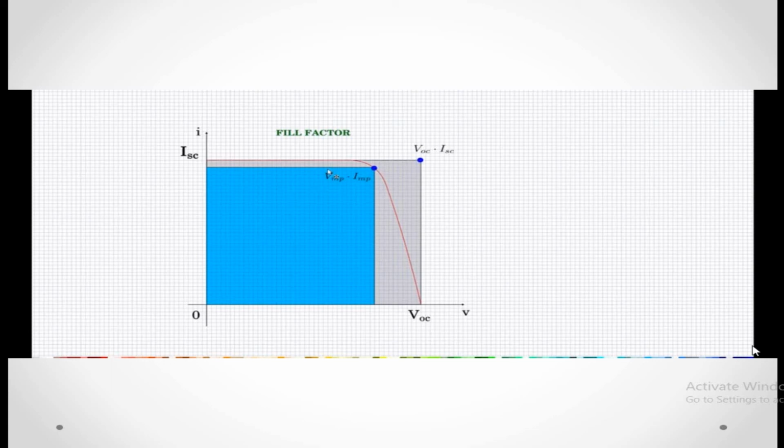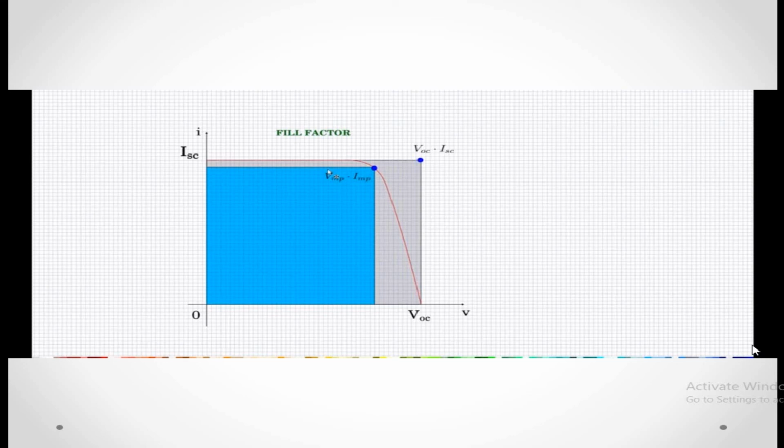So what is the fill factor now? The theoretical value of the maximum power that a PV cell can generate is the gray color box, but the practical area of maximum power that can be delivered by a PV cell is highlighted with the blue color line.